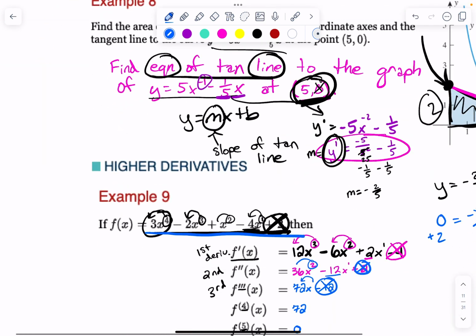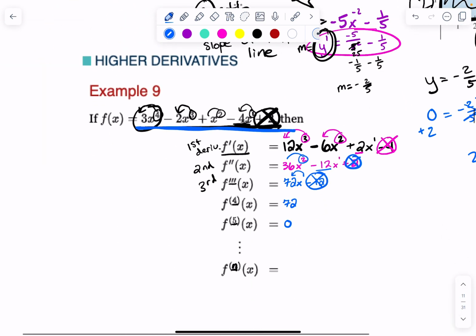But if I have a polynomial, it doesn't matter how many terms it has. If I take the derivative over and over and over again, eventually I will end up with 0, because every constant term is going to continue to drop off until I have nothing left. That's what happens with polynomials when you take multiple higher order derivatives.